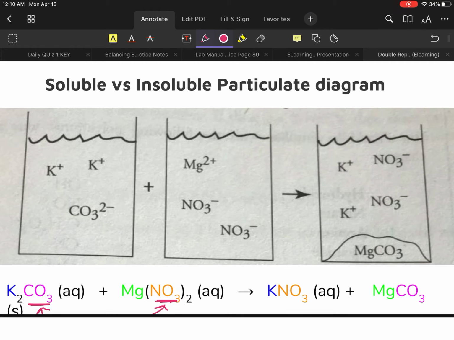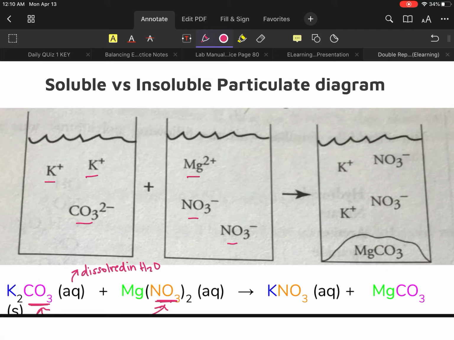The way that happens is we can see that here I have K2, so 2 potassiums, and then I have 1 carbonate in this first solution. Aqueous just means that it's dissolved in water. That's all that means. So when it's dissolved in water, it's going to split up into ions. So with our next compound, I have 1 magnesium, and then I end up with 2 nitrates.